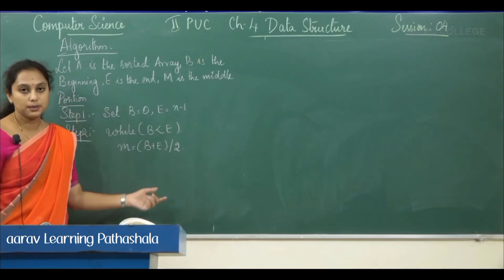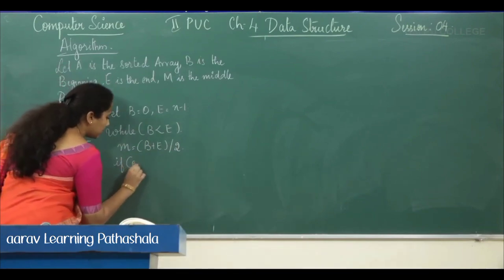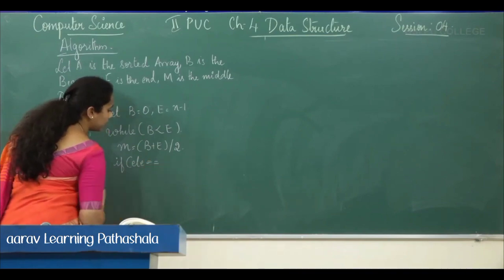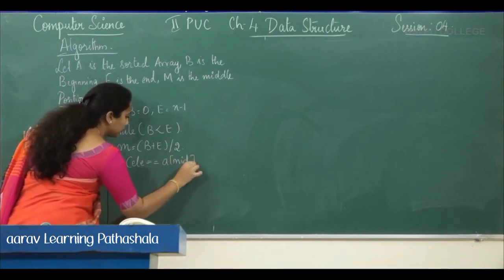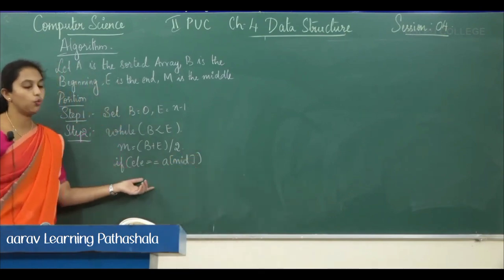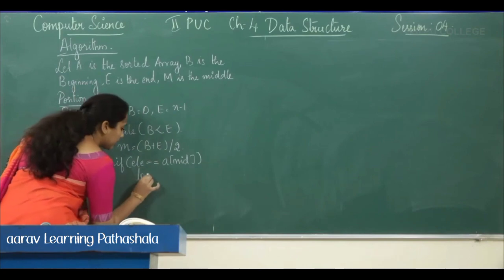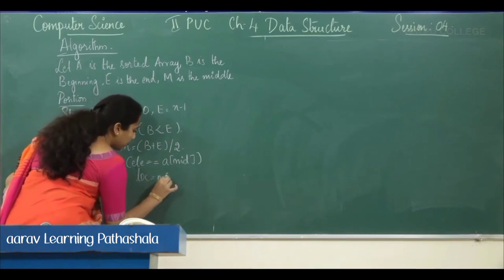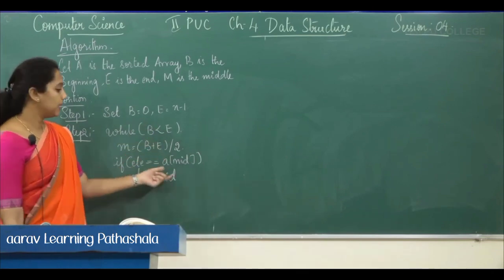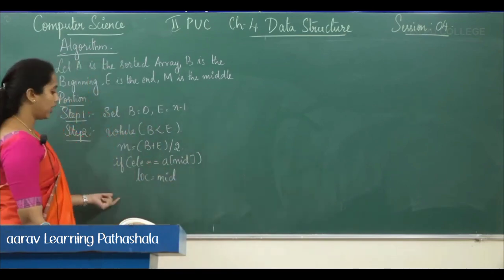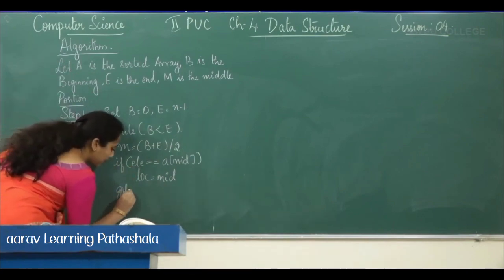If element is equal to A of mid, then location is equal to mid. If the element is equal to the middle element, then the location is equal to the middle element. Go to step 3.